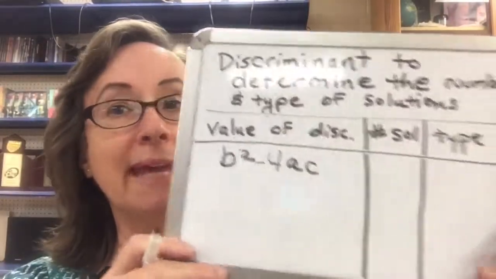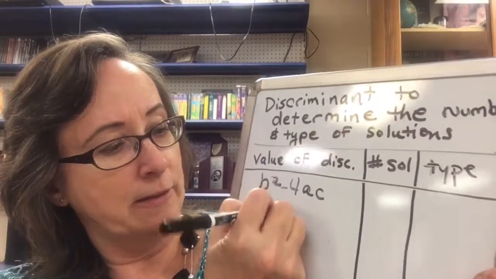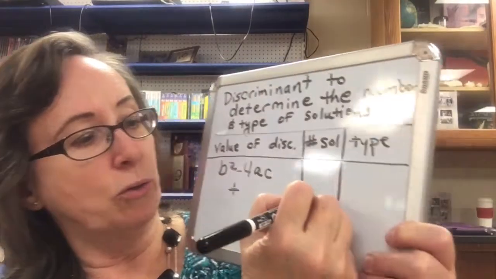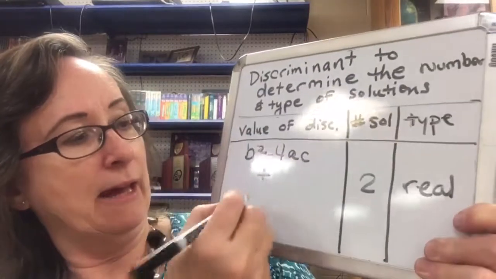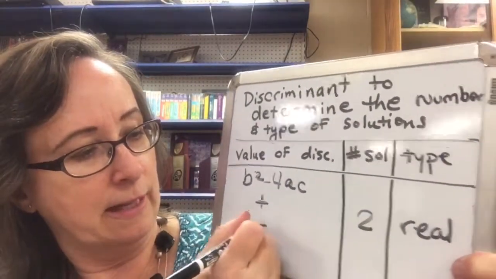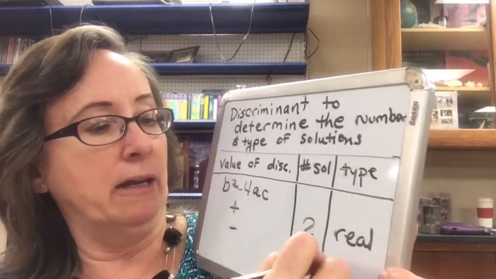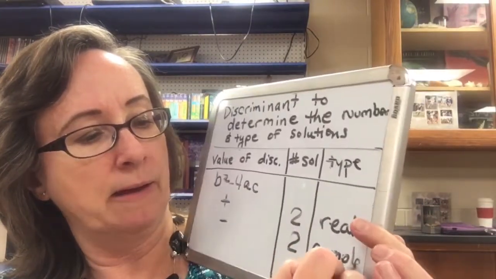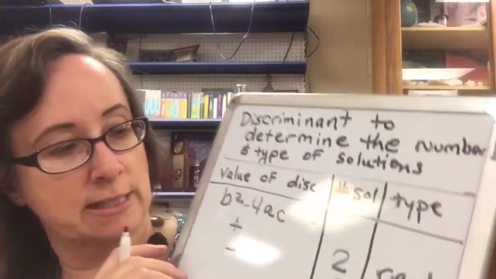So if this value of the discriminant is positive, then we will have two real solutions. If what is underneath there is negative, then we will have two imaginary, we'll just write complex, two imaginary or complex solutions.